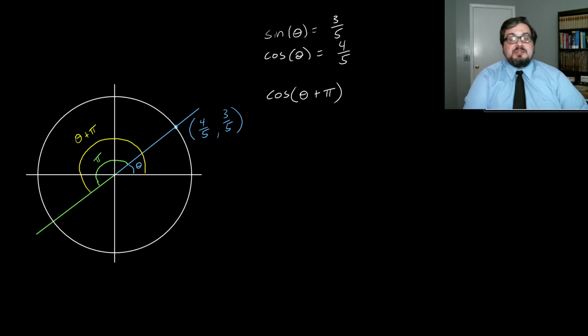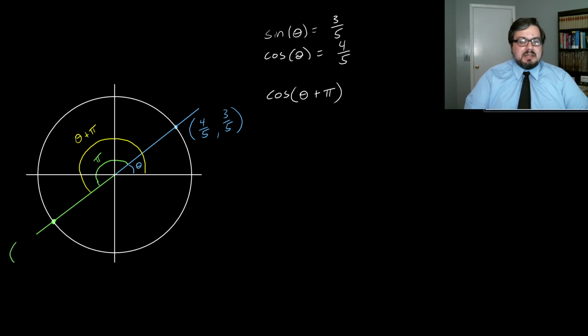Now what we can do is use the symmetry of the plane to note that the green point here, which will define cosine and sine of theta plus pi, is exactly opposite the blue point, which defines cosine and sine of theta.